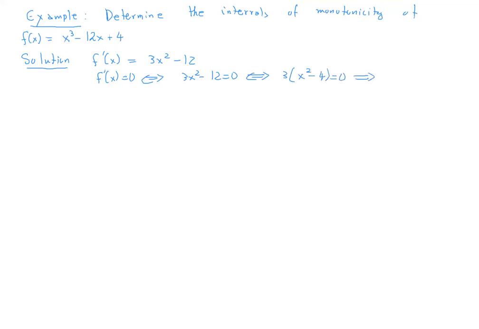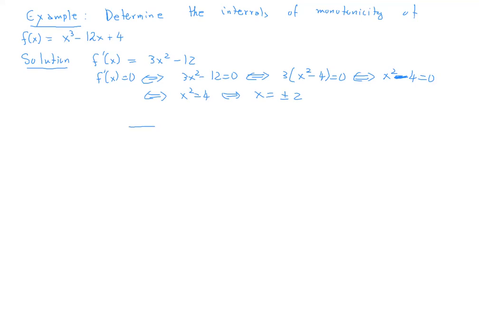So this is equivalent to x squared minus 4 is equal to 0, which means that x squared is equal to 4, which means that x is equal to plus or minus 2. So these are the only critical points. So if there are any changes in the sign of the derivative, we expect them to happen at those points.